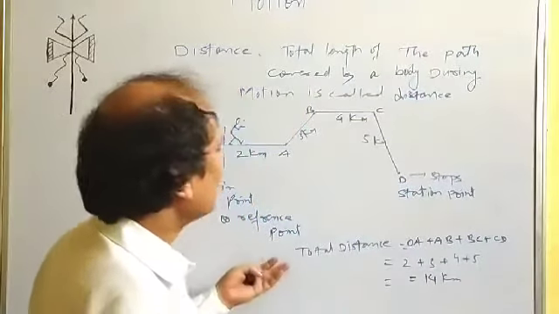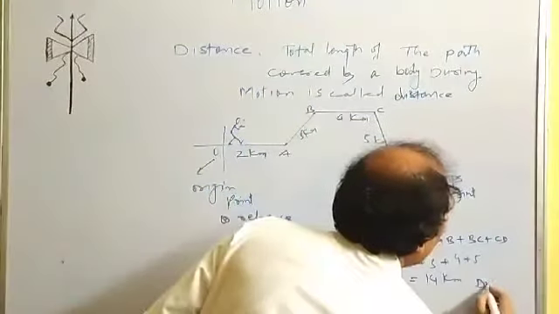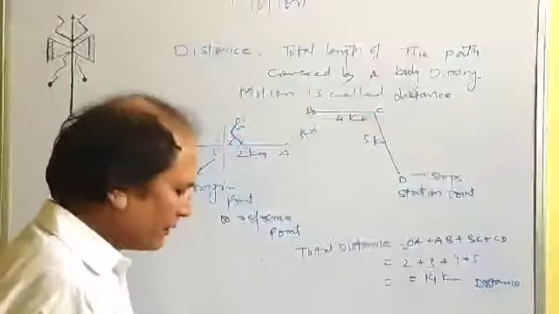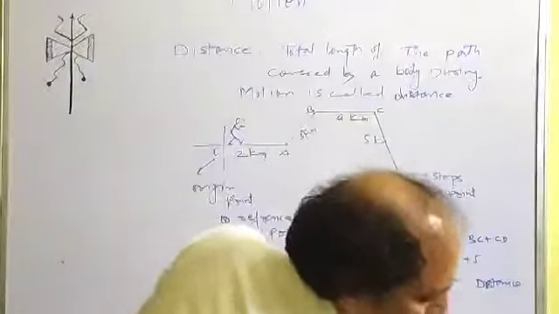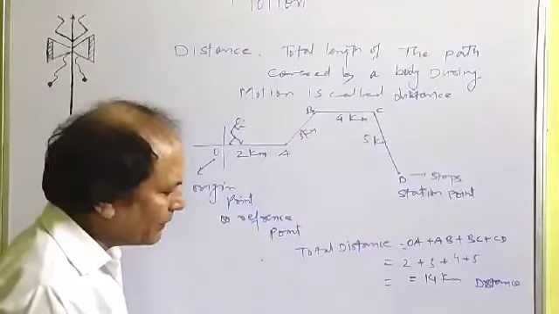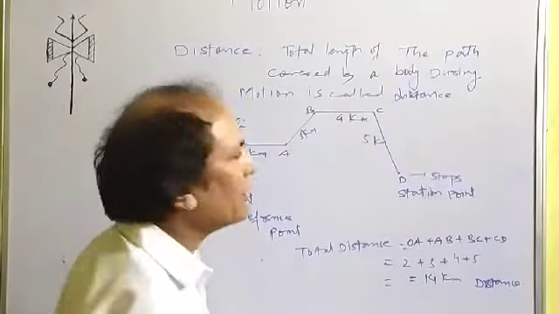So in this way, that is the distance. But there are some more paths on which measurement of distance takes place in a particular way.